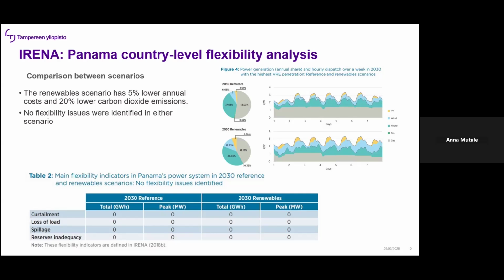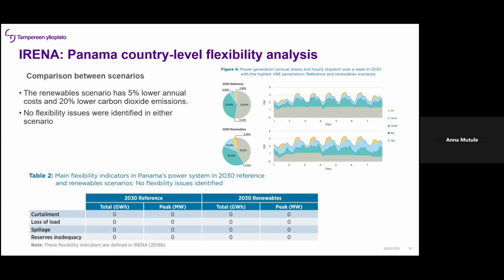Table 2, the actual numbering is taken from the paper, which you can find in additional materials to this course. Table 2 confirms that all key flexibility indicators show zero issues in both scenarios.